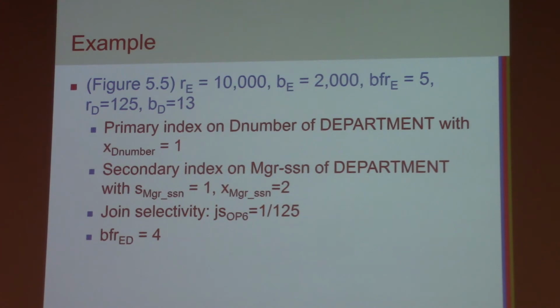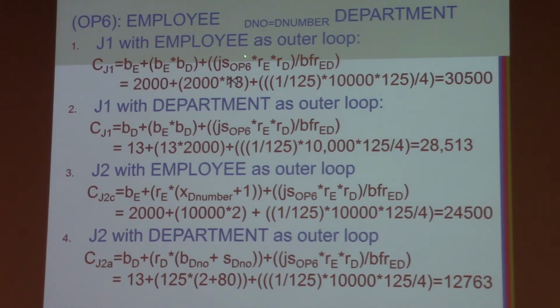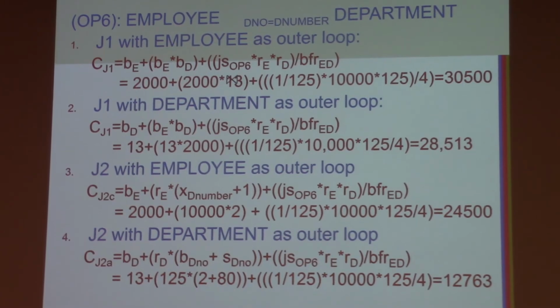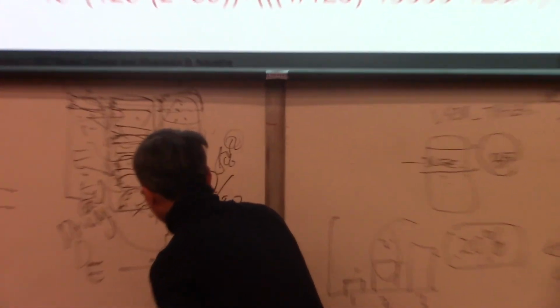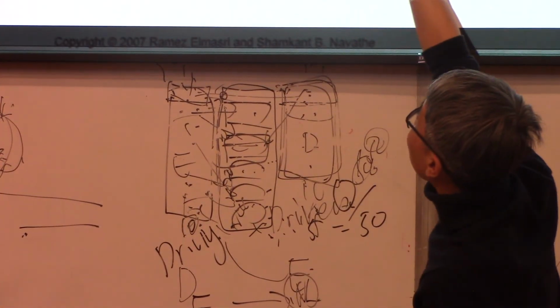Then how many indexes can you consider for the driven table? When you join with the employee, you can use brute force, so nested loop join. So the first case is the employee with nested loop join, brute force. That is the first case.